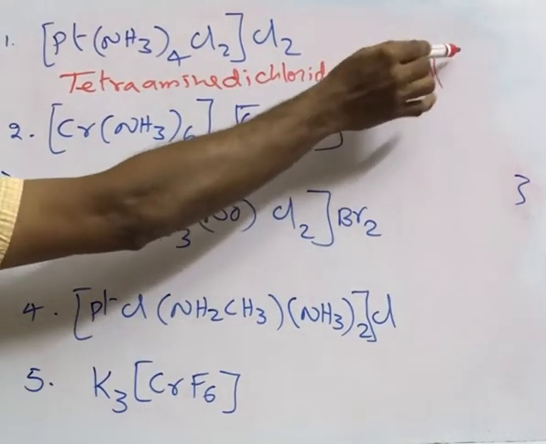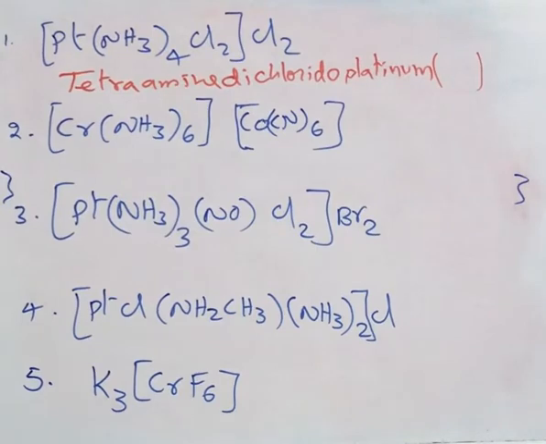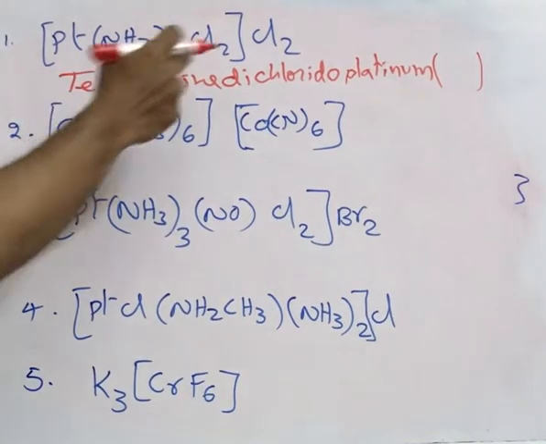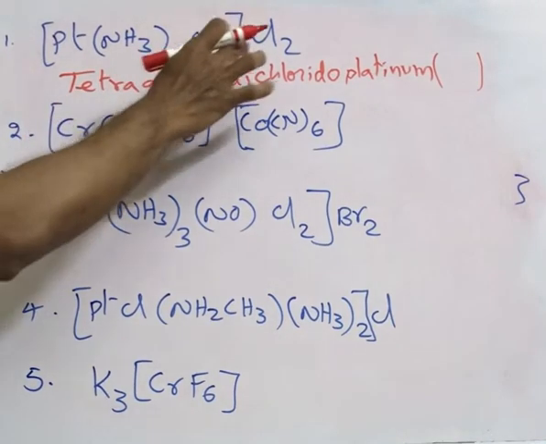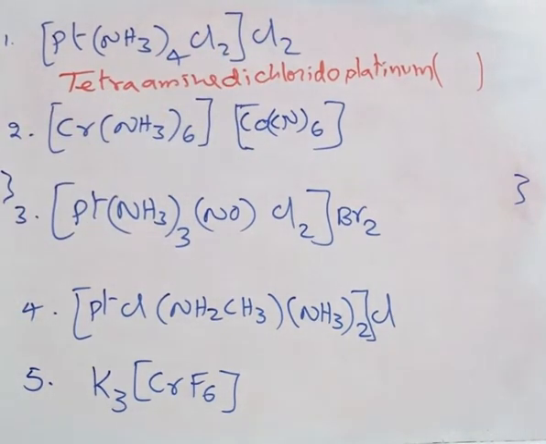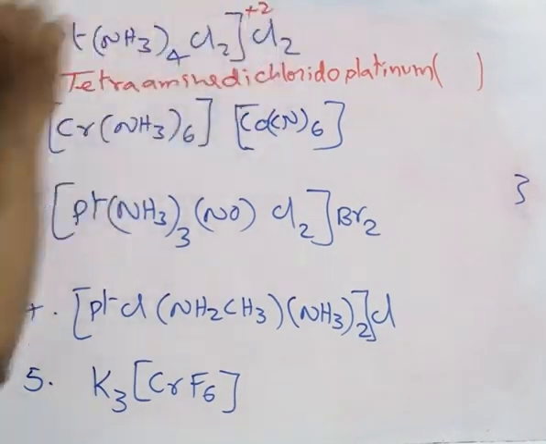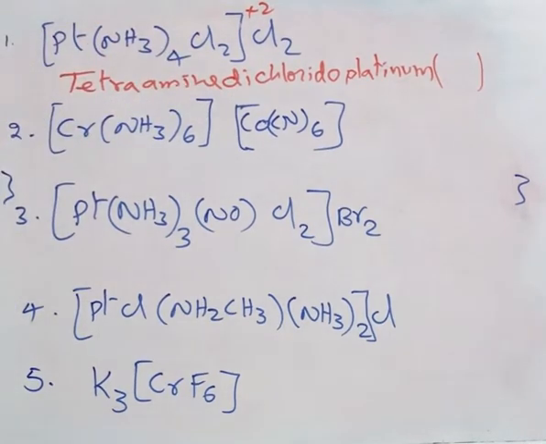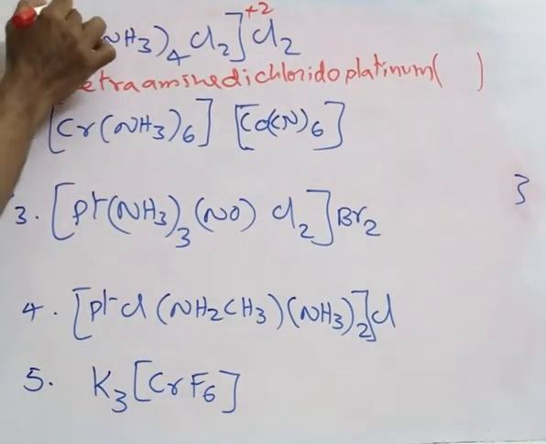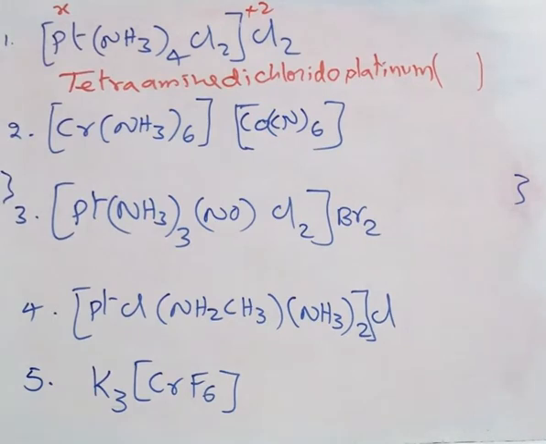then in bracket you put its oxidation state. To find out the oxidation state, first you need to see the counterions. I have 2 chloride ions, Cl is -1, 2 ions, -2 is the counterion. So this coordination shell will get +2 total. In this, if I consider X, the metal, I don't know, I need to find out.